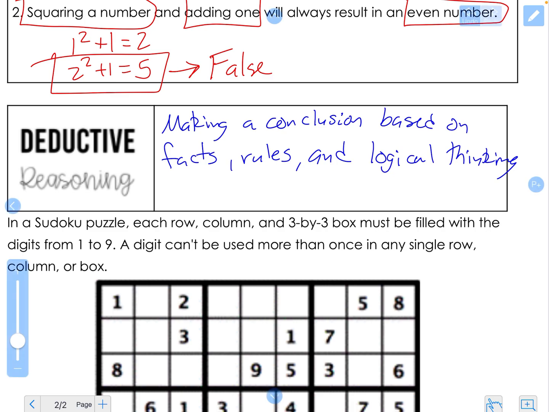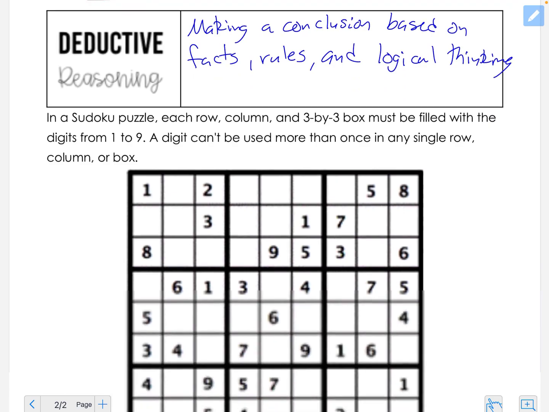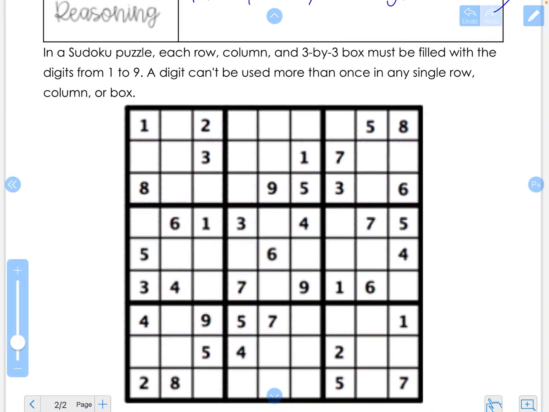So our deductive reasoning is we are following rules. It's not just observations. It's not just what we see. It is concrete things that we know are true, and we use our logical brains to use those rules, use those facts, and then to make conclusions. So one way that we use deductive reasoning is by Sudoku puzzles.